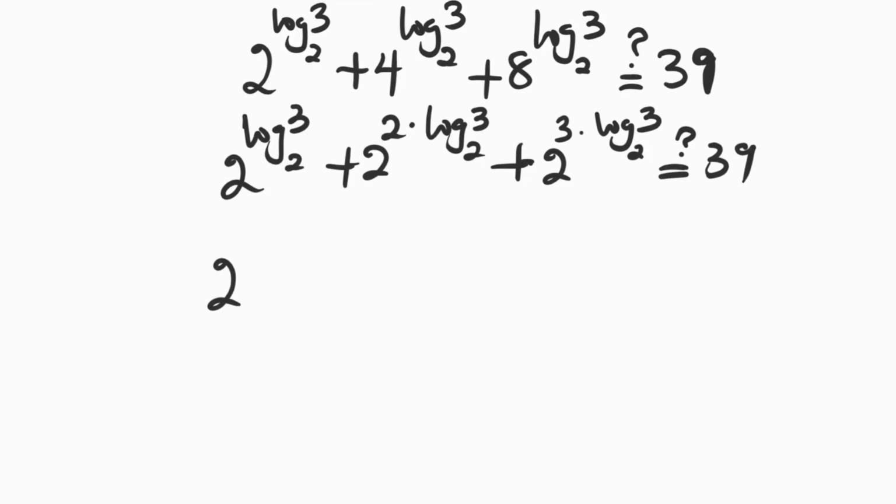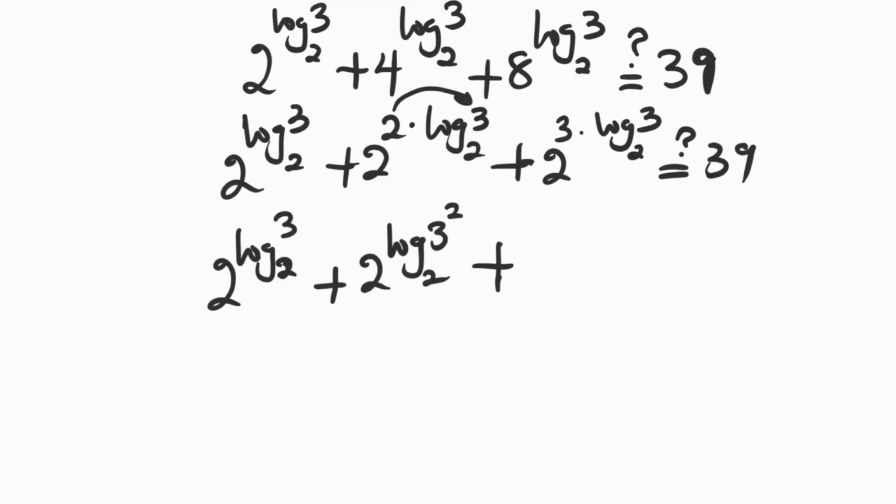Now, we can see from here that these exponents 2 can go over there and become log of 3 squared base 2. The 3 can go over there as well and become 2 raised to log of 3 cubed base 2.